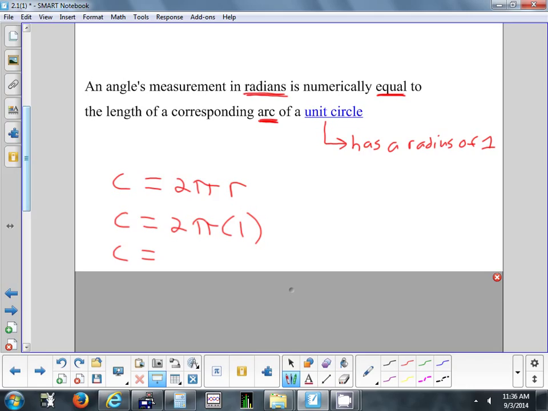We'll even leave it with the pi. 2 pi. So yeah, I should have been a little clearer with that. Yeah, just 2 pi. That's the circumference. So we know the circumference, and it's going to be exactly equal to how many radians there are in a circle, one full circle. So if the circumference is 2 pi, how many radians in a full circle? 2 pi. 2 pi, yes.